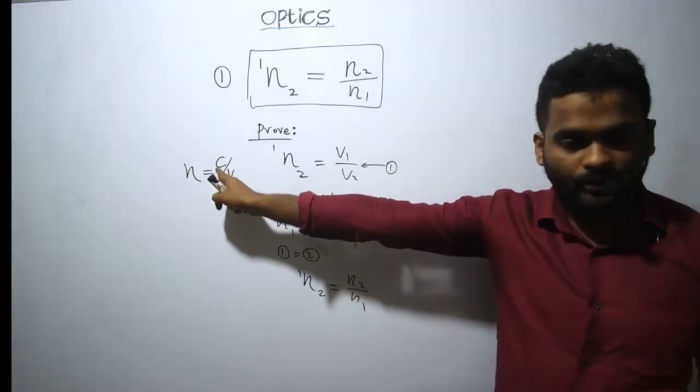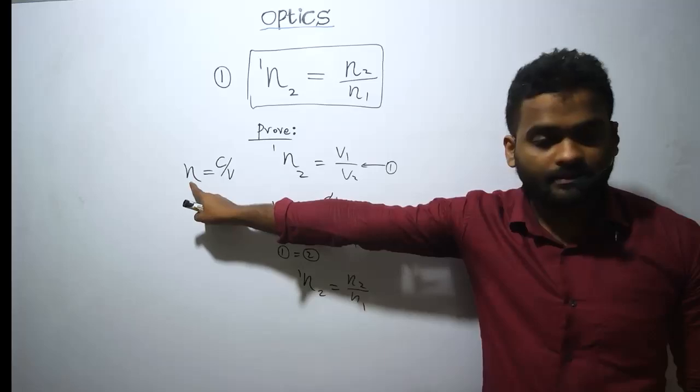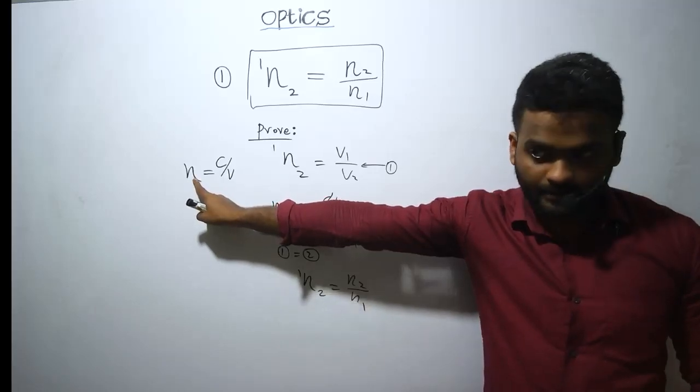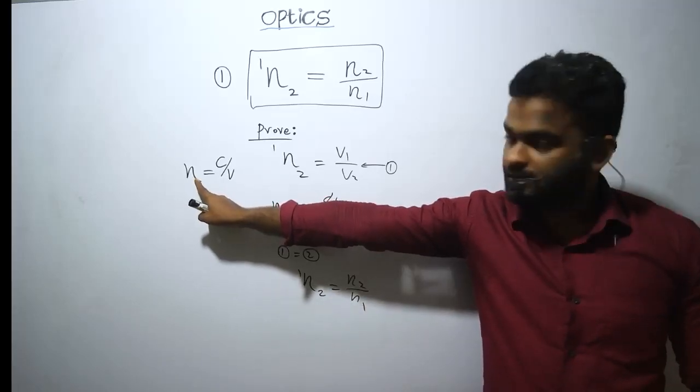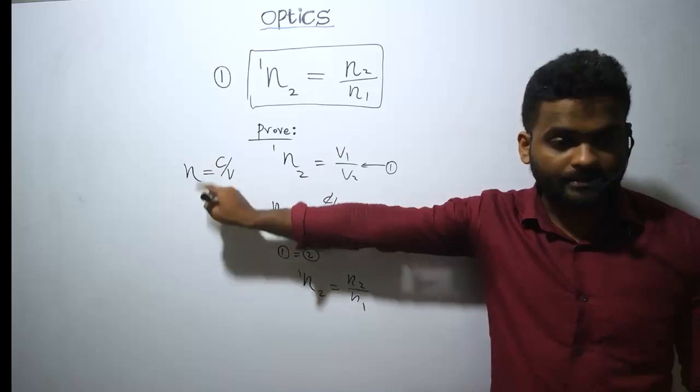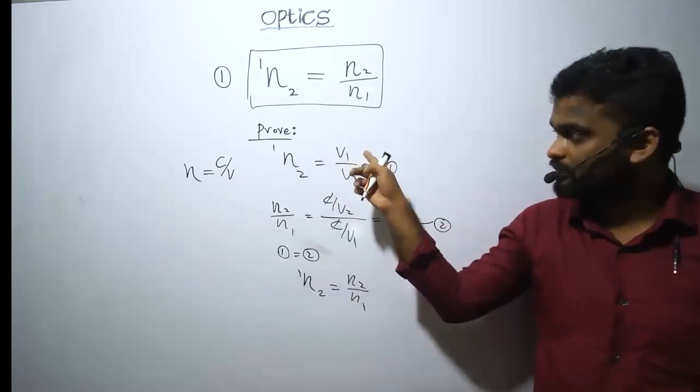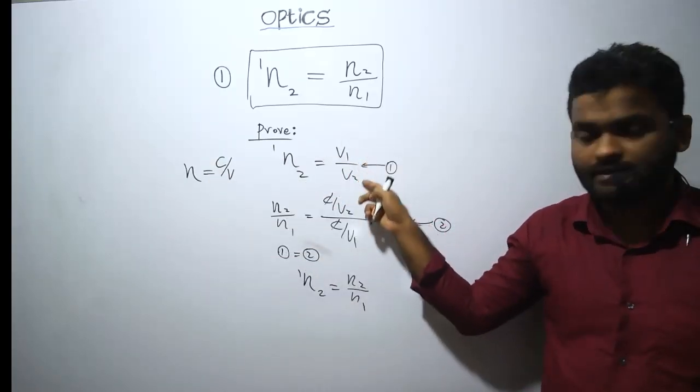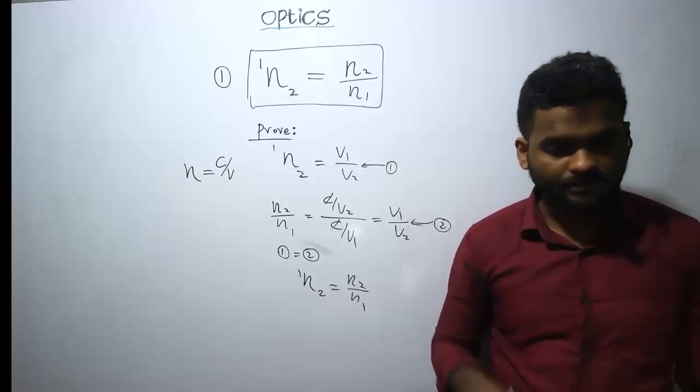This equation you can only apply when this N is absolute refractive index, right? This should be vacuum speed. For other indexes, you have to use normal speeds, V1 and V2. So that's the difference between those.